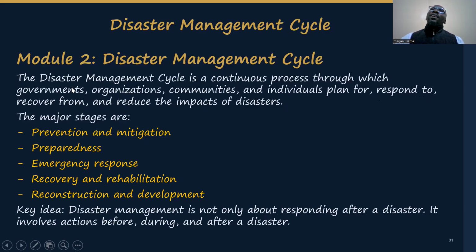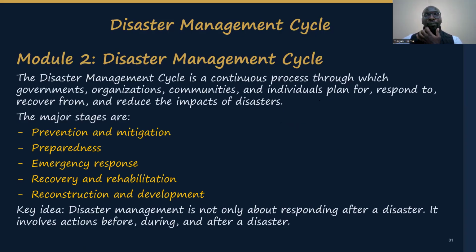So the most important thing in this definition is that disaster management is a continuous process. For example, you cannot say that you have planned and prepared and you're just going to sit. No. The planning and preparation is a continuous activity. Recovery is a continuous activity. Mitigation is a continuous activity. So it is a continuous process through which all the institutions respond during disasters, they recover, and then lastly, they reduce the impact of disasters.